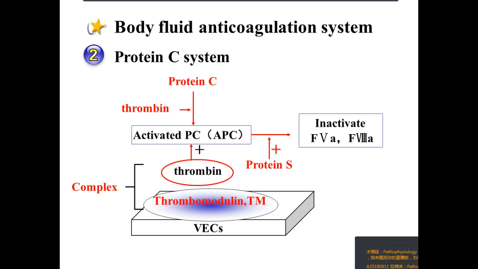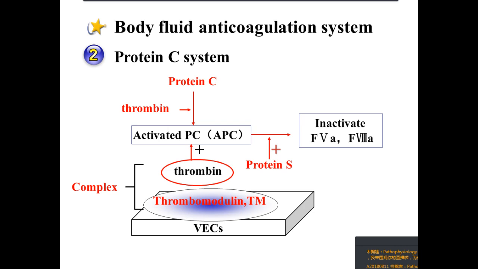Thrombin also stimulates protein C to become APC. APC has anticoagulation function. So when the coagulation system is activated, the anticoagulation system is also stimulated. Understand?